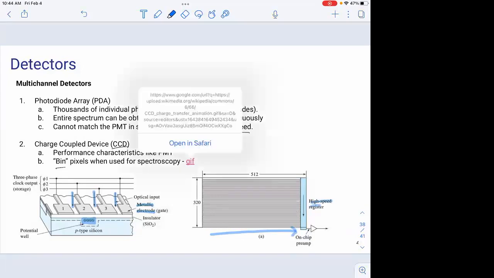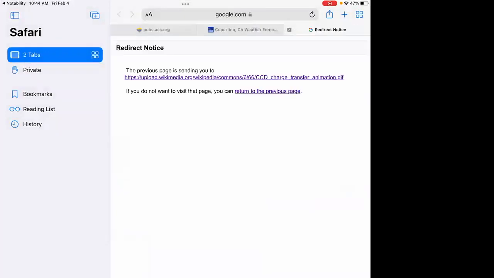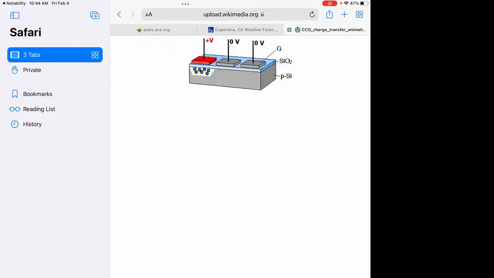So I'm going to see if this works. There's a GIF that shows how this works. Okay, so as I move the voltage on these gates, I'm moving the charge down this array detector.